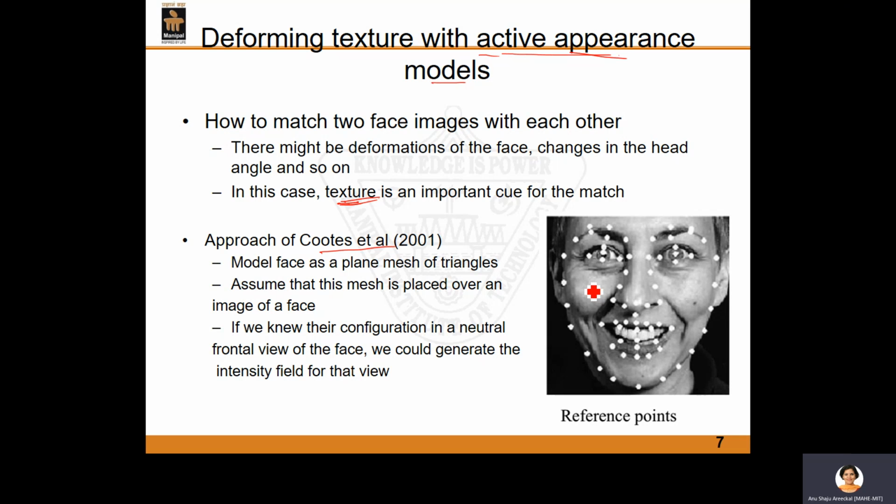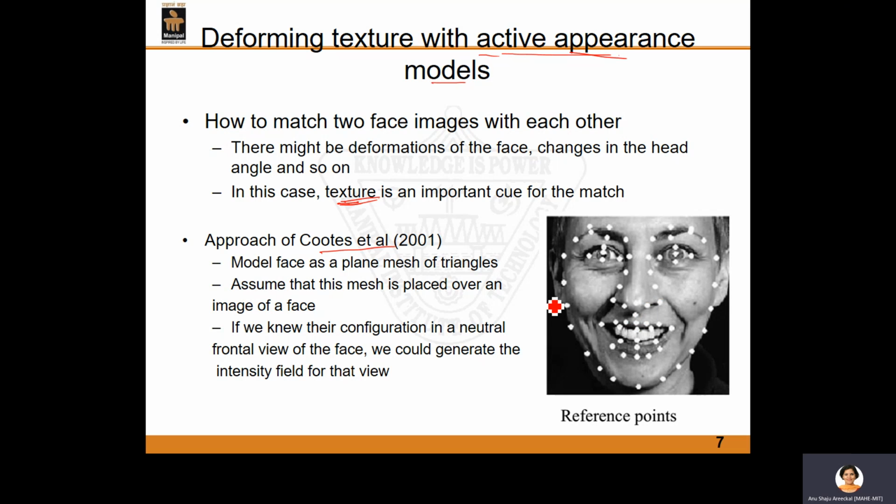But apart from that, the AAM, or the active appearance model, has also been used for various other applications. It has been used for medical applications for deforming bones, etc. So it does find various other applications, but it started off with face images, and it's more popularly worked with on face images.